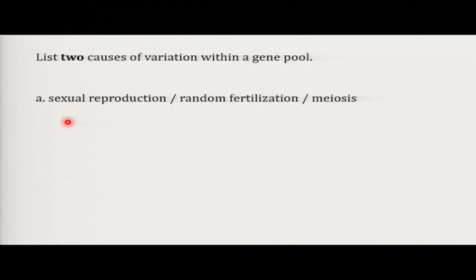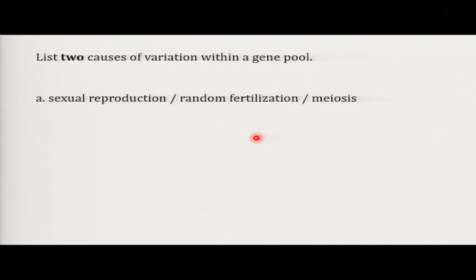One, sexual reproduction. We talk of sexual reproduction, we are embedding random fertilization, and they all come as a result of meiosis. So it means you as a candidate, writing these three as separate points does not give you three scores. Stop duplicating work, because you're going to continue writing the same thing over and over again.